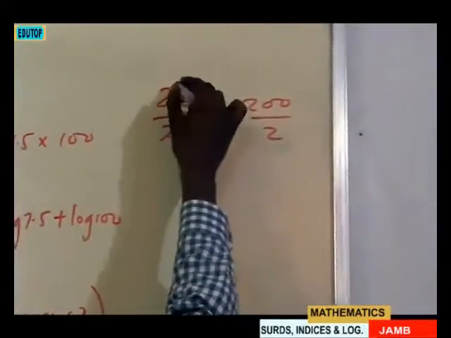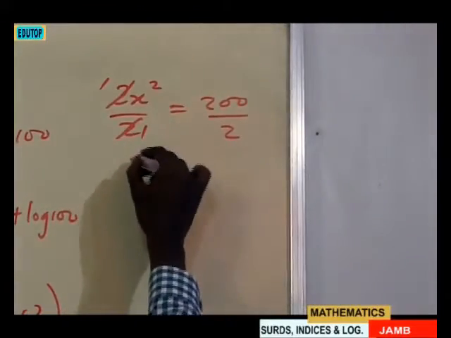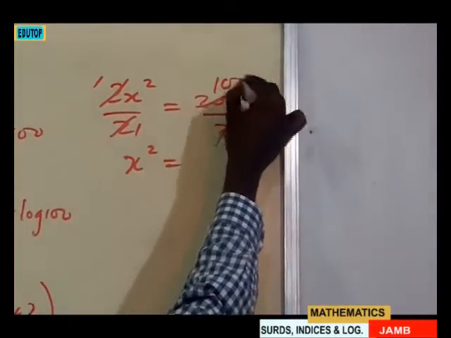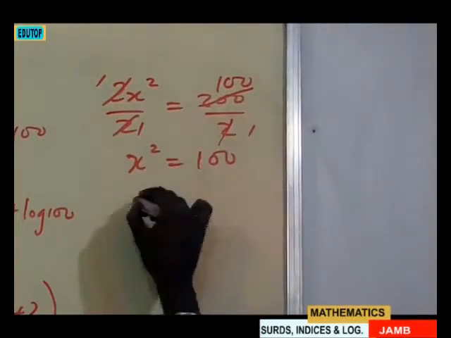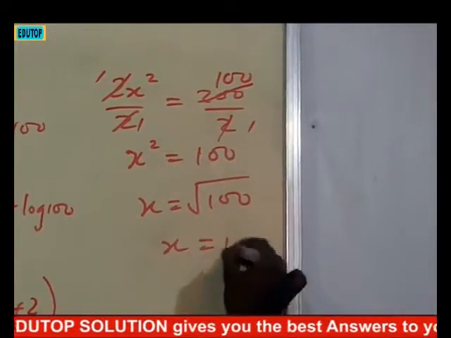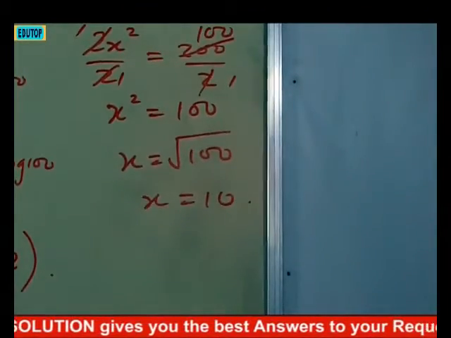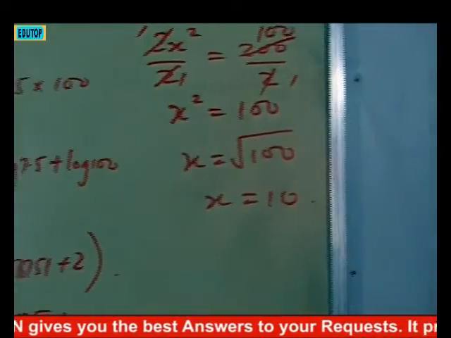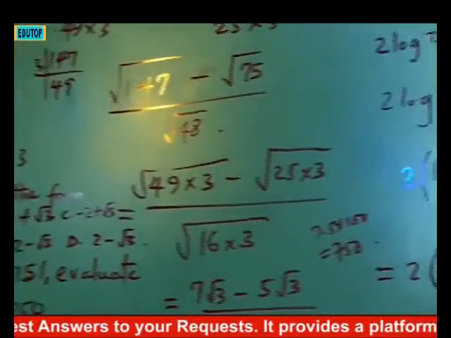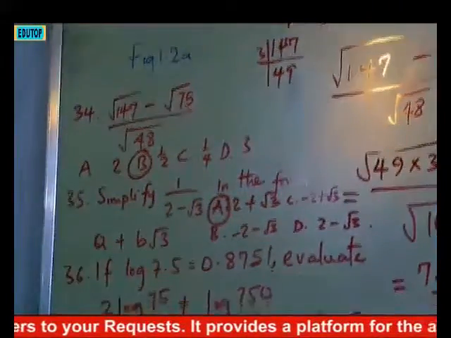So I have x squared equals 100. Then x will now be the square root of 100. Then my x becomes 10. And since the question asked me to solve for x, my x will definitely be 10. So I come here and pick option D, which is the answer.